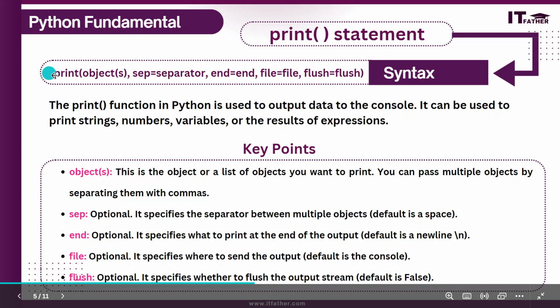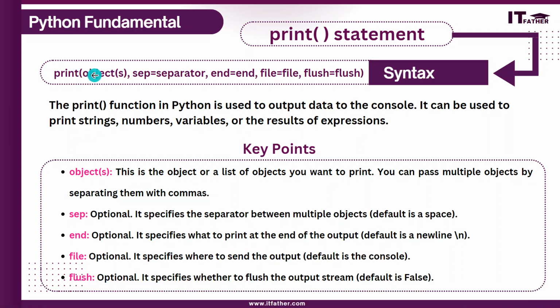As you can see, the print statement can take several arguments, but all of these are optional, right? Object means whatever you want to print. Separator is optional, right? This is also optional. If you are not writing anything within the print function, just print parentheses open and close, that's it, it will also be executed without any error.